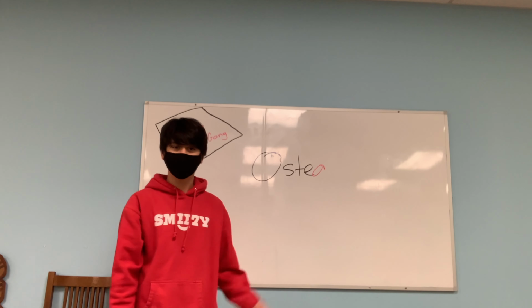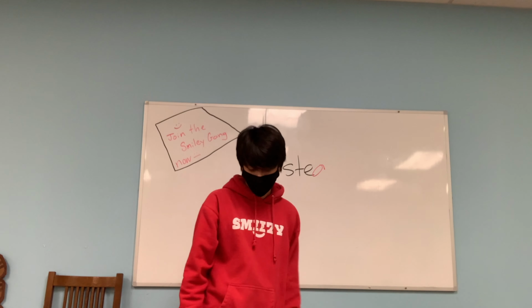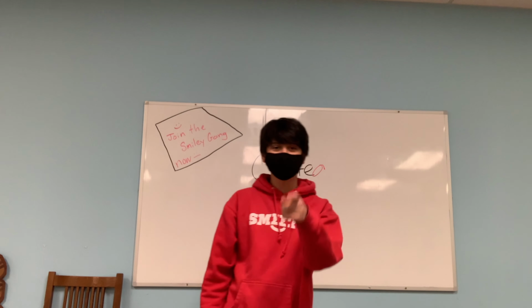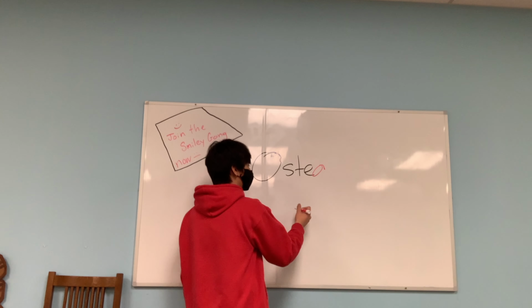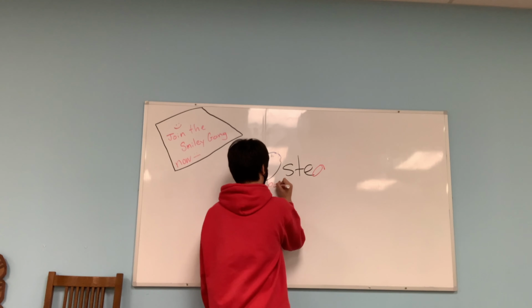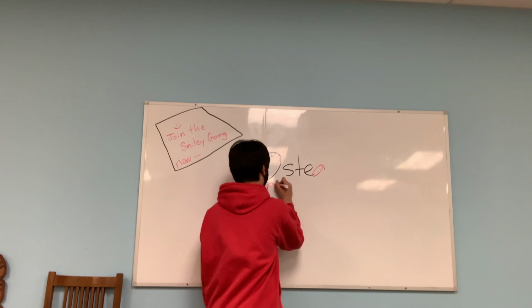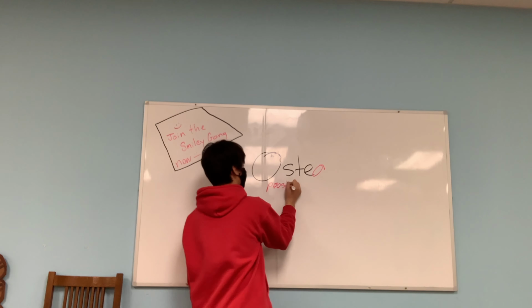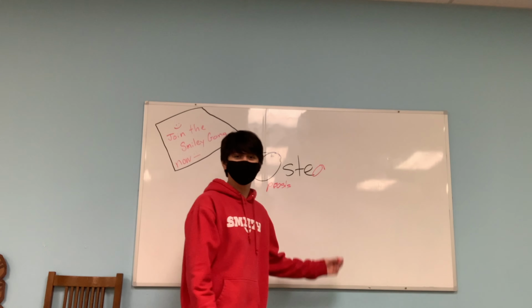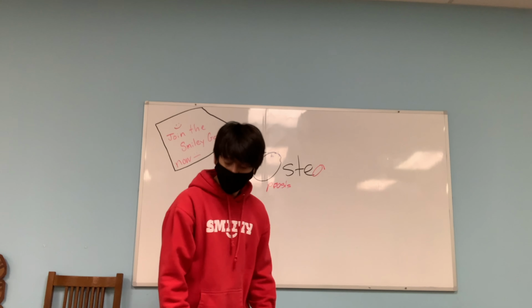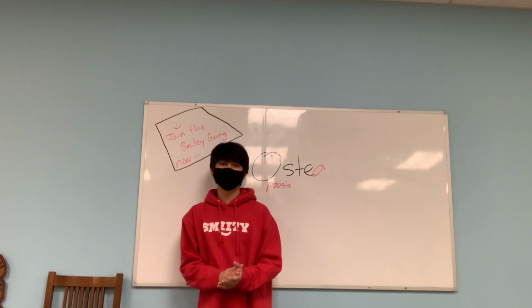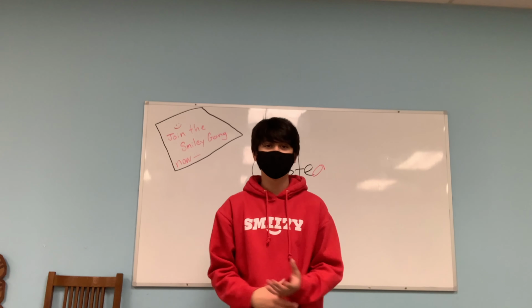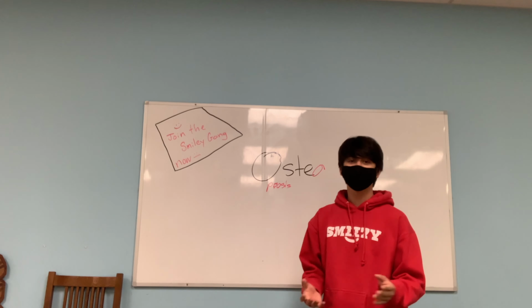Osteo. You heard it. You know what it means. But you know what you don't know? Osteoporosis. It's another thing in the bones, except this time, it's when your bones get old. You know what else gets old?